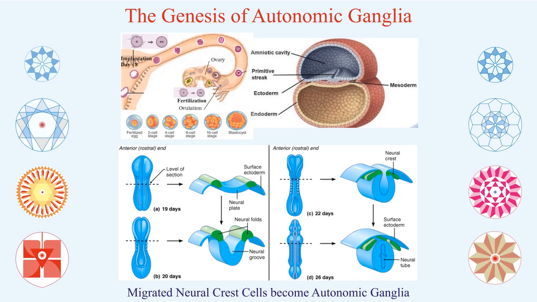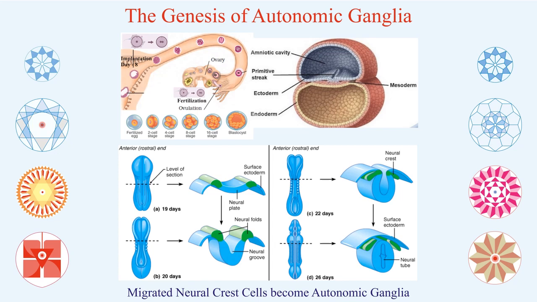Now, the ectoderm layer you can see down, in a cross section at a particular level, at 19 days. That ectoderm layer gets divided into 3: surface ectoderm, which leads to the formation of skin; neural plate, which leads to the formation of the nervous system; and 2 green parts, which we call neural folds. They lead to the formation of autonomic ganglia. At 22 days, you can see this stage. At 26 days, all 3 become distinct.